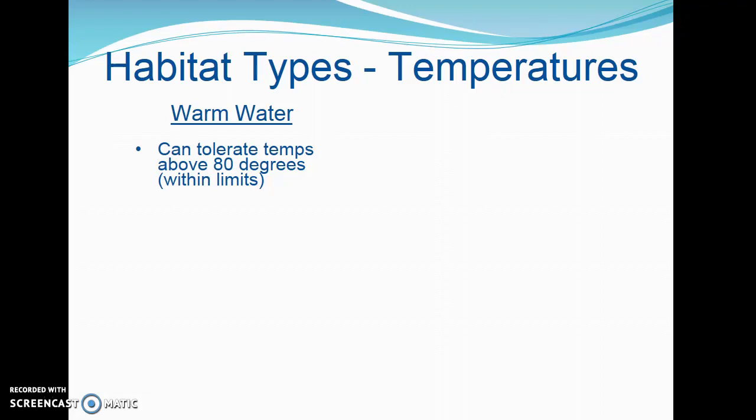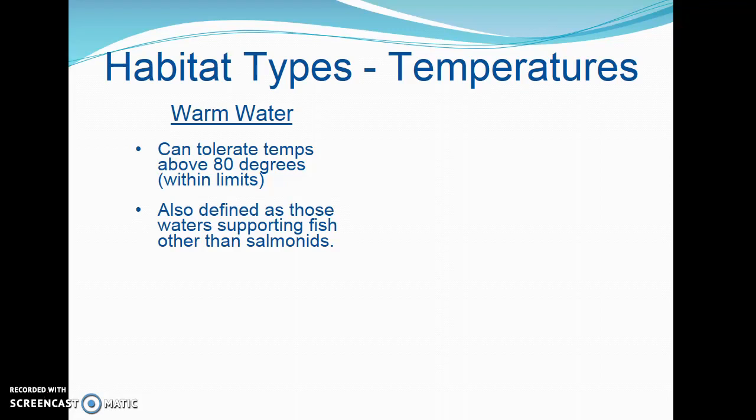So, they can handle some pretty warm water. They're also defined as those water systems supporting fish other than salmonids. Salmonids are everything in our trout family and salmon family. So warm water systems hold probably the most diversity of our fish species.